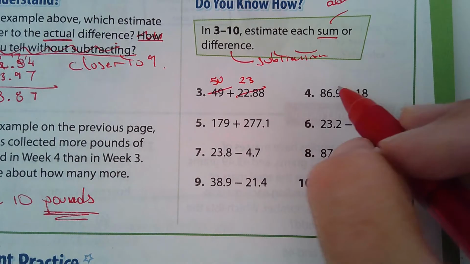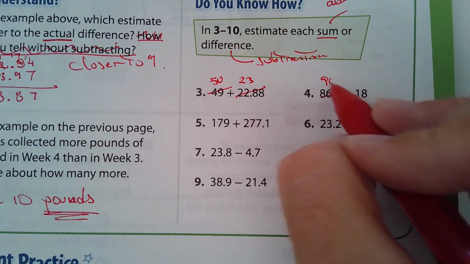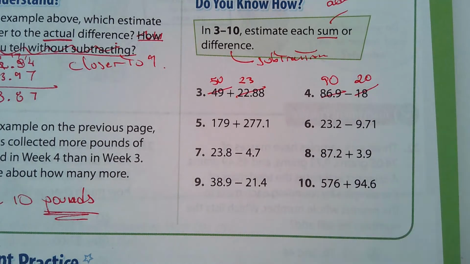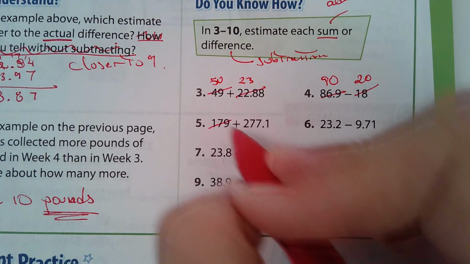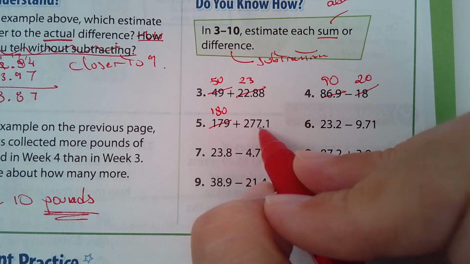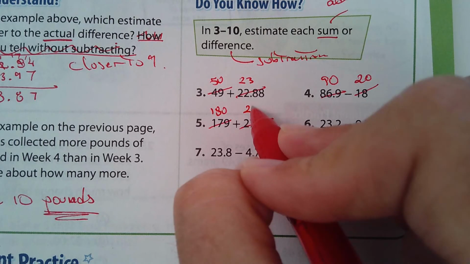Let's go to 4 here. 86.9, that's closer to 90. Let's just call it 90. 18 is pretty close to 20. Let's call that 20. You can kind of see what I'm doing here. 179, that's close to 180. 277.1, that's close to 280.